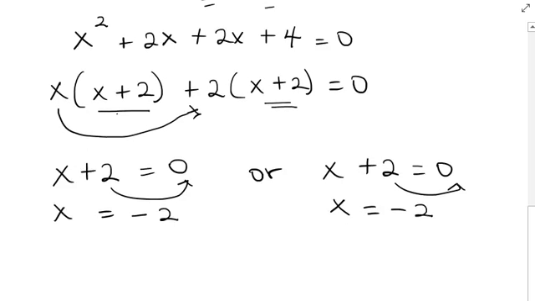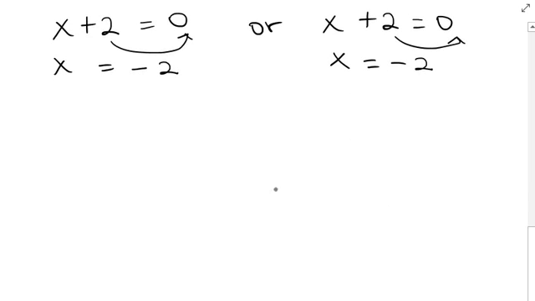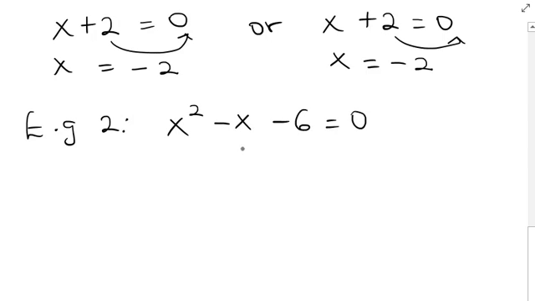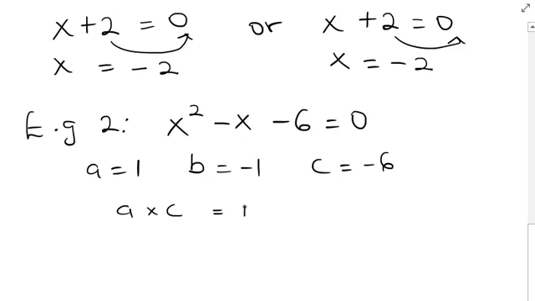So that's the way to solve that example. The second example says x squared minus x minus 6 equals 0. So here too, our a is 1, b is minus 1, c is minus 6. I want to multiply my a by my c, which is 1 multiplied by minus 6, which is minus 6.